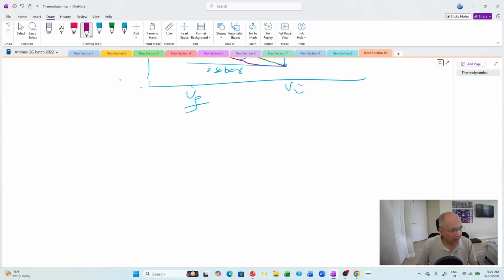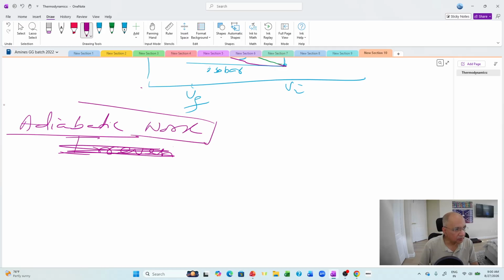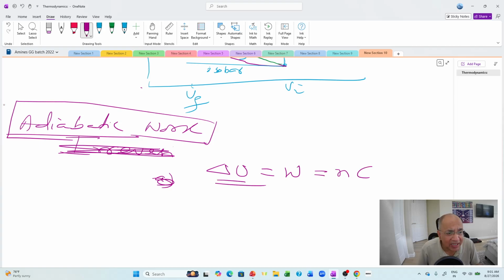Now see, let us come to know what is irreversible work done. Adiabatic work done. Now here del U is equal to W. For any adiabatic process, del U is equal to W and del U is equal to nCv delta T. Remember this very carefully.